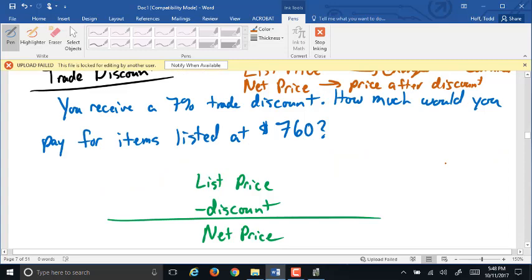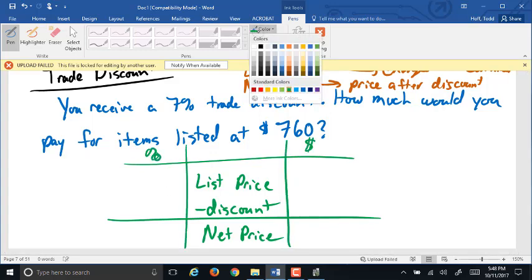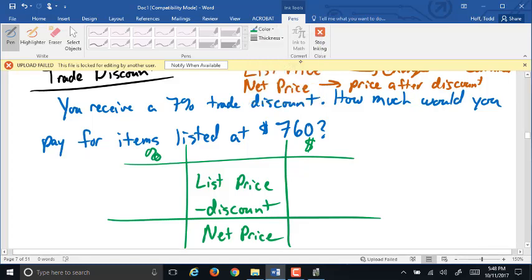So as always, there's the two numbers that describe everything in this table. One is a percent, and the other one, once again, is a dollar amount. So what do we have in this problem? What's the 760? It's the dollar amount of the list price.